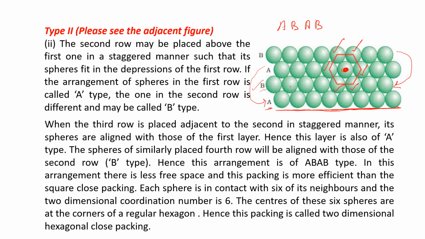Now if we join the centers of these atoms, we will get a hexagon. As this central atom is touched by 6 atoms, its coordination number is 6. So this AB, AB, AB type of arrangement is known as hexagonal close packing arrangement.